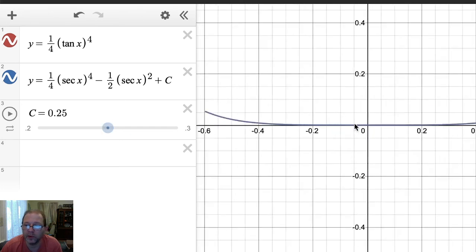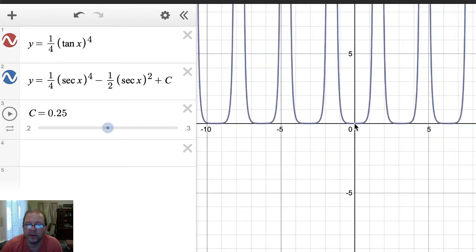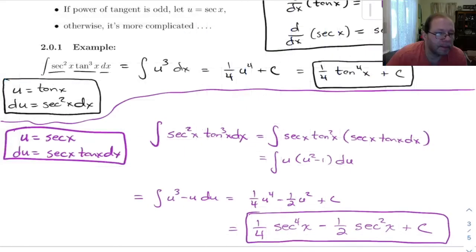Yeah, 0.25. So if we graph them, they differ by 1/4, and that's okay because when we do these integrals, we get the plus c on the end. So differing by a constant is fine.